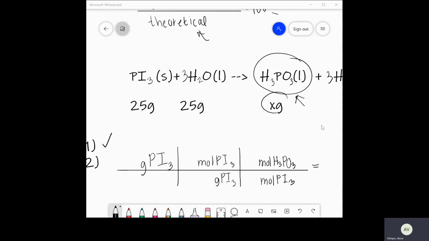So next we convert everything from grams to moles to figure out which one is going to be our limiting reactant. So we know that there are 25 grams of phosphorus triiodide, and I also know that there are 111.68 grams phosphorus triiodide in 1 mole.